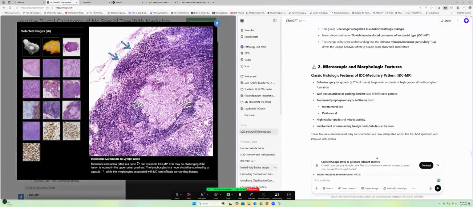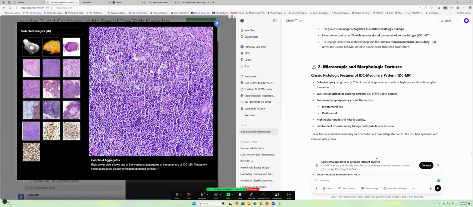Do you understand? The lymph node will have a capsule, but the breast will not. That will help you know that this is a lymph node. So, lymphoid aggregates.